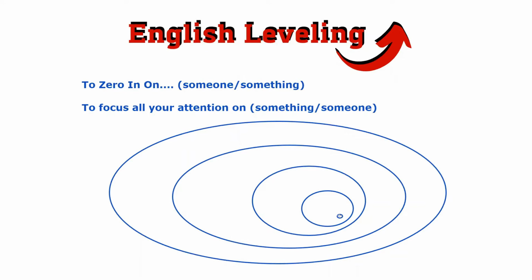Okay, let's say that thing is a person. Let's say that thing is a target. Let's say that thing is a problem. You're taking the big picture and bringing it closer and closer until finally you're exactly at that one specific spot.